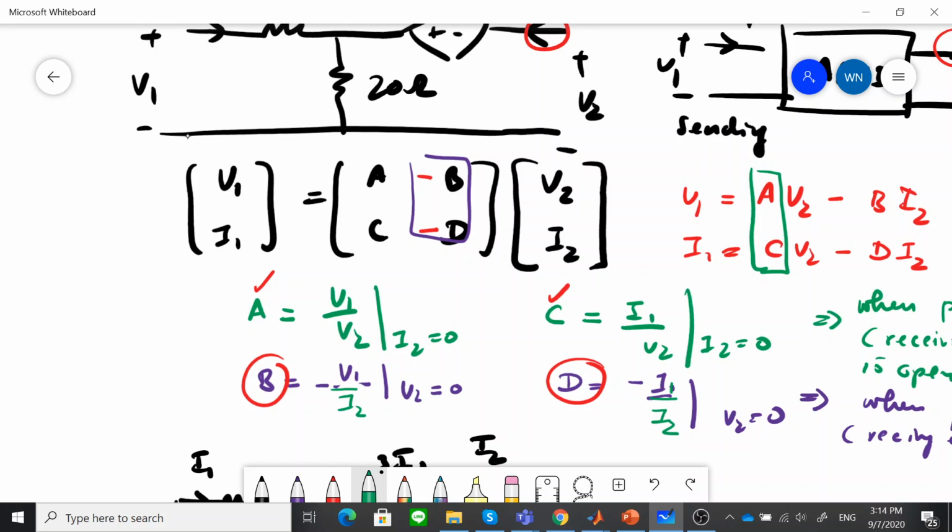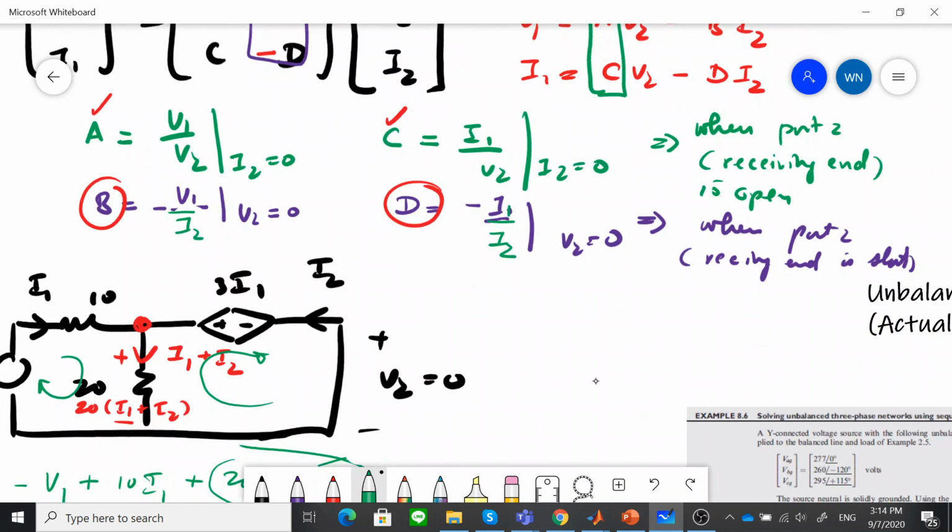This is the benefit of using two-port networks, right?